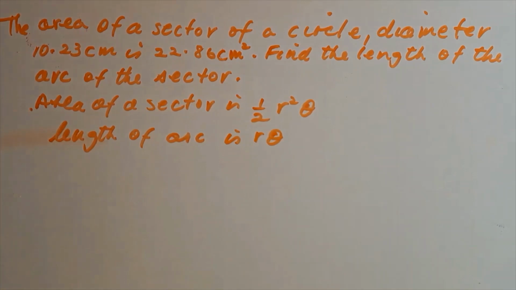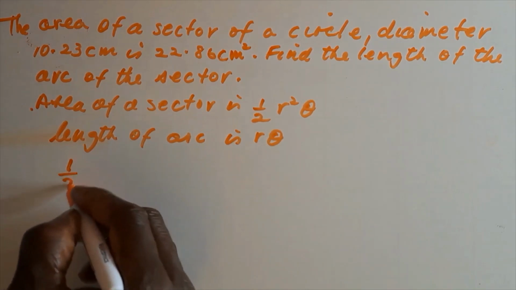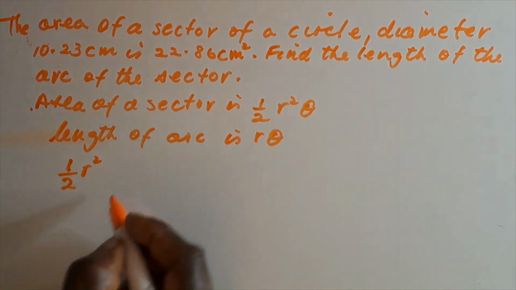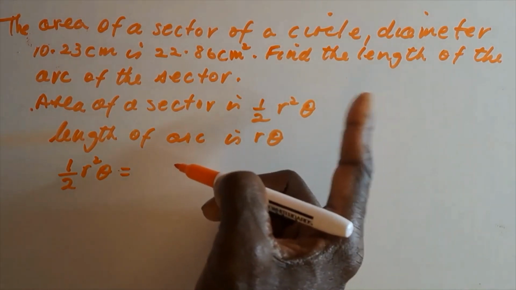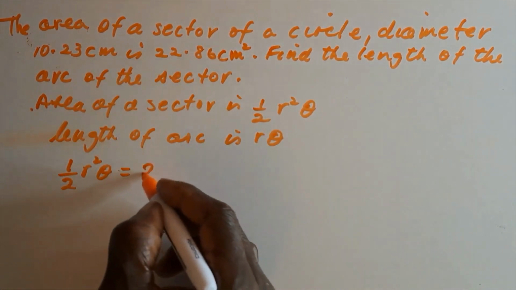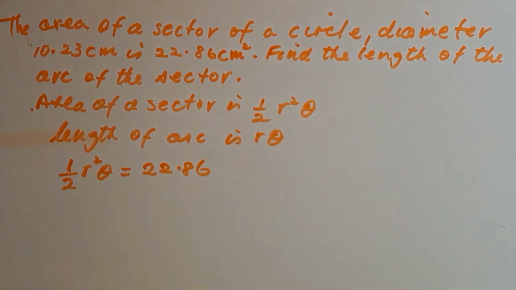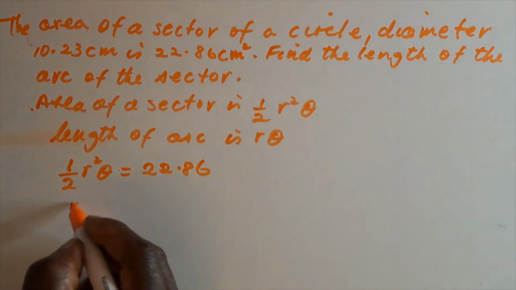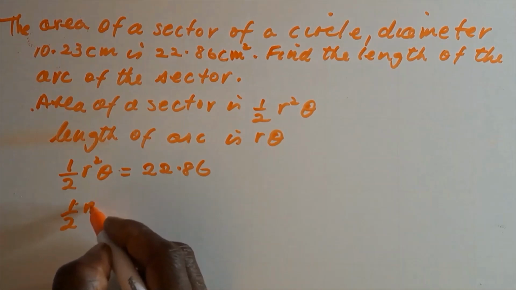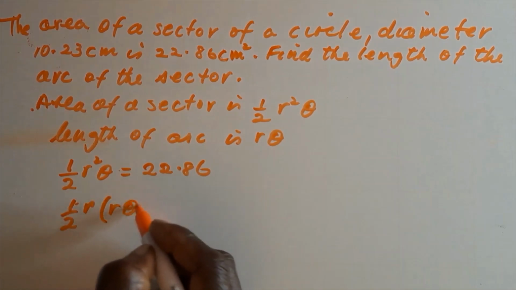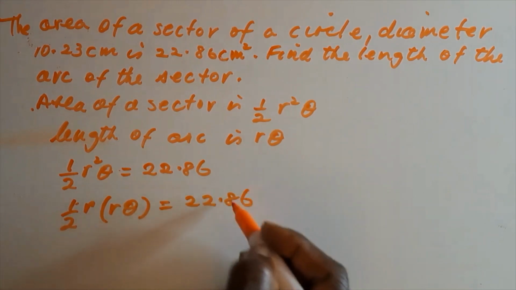We don't have theta, so what we can do is first equate this formula, 1/2 r squared theta, to the area given, which is 22.86 centimeters squared. If we manipulate this formula, we can have half r into r theta, and this is equal to 22.86.